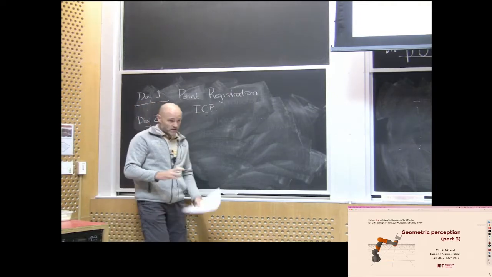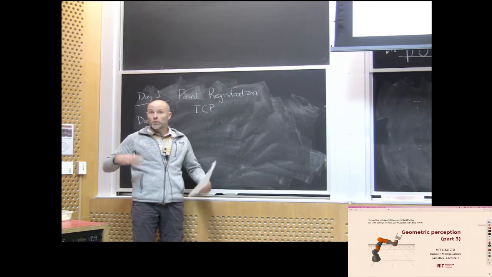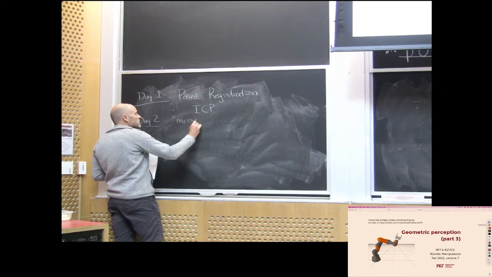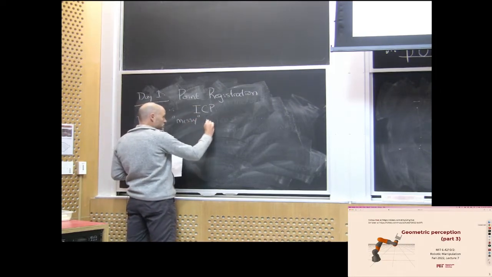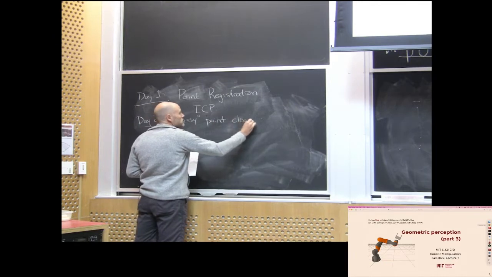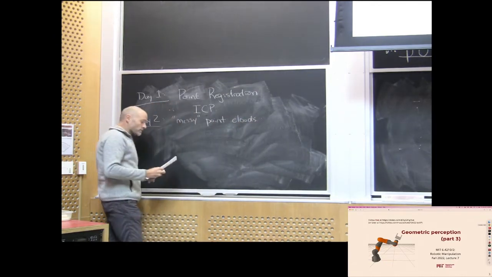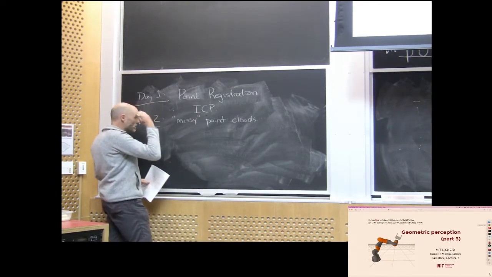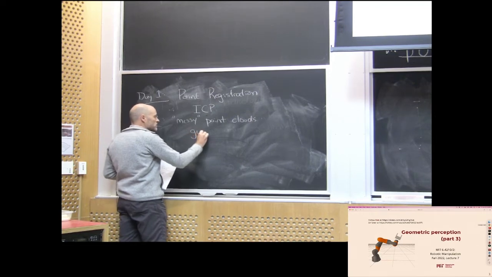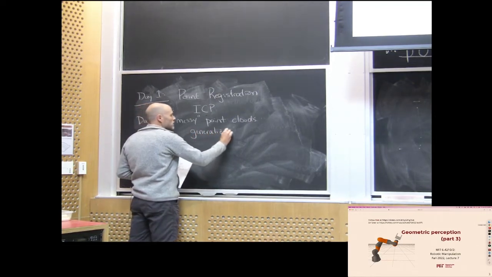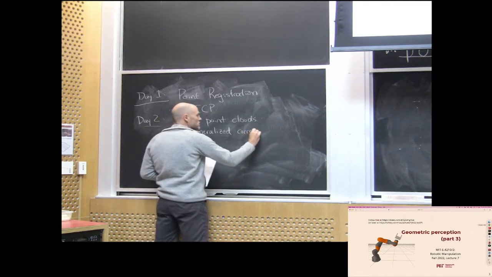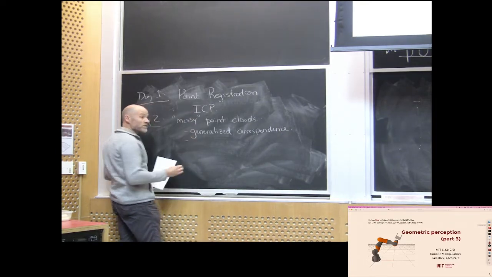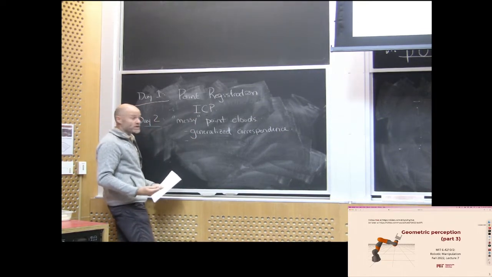And then on day two, we started addressing the fact that real point clouds are messy, right? We talked about the various ways that they could be messy. And we talked about generalizing the notion of correspondence as one way to address this, and things like more clever ways to deal with outliers.